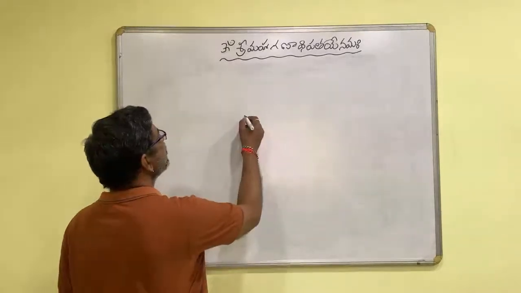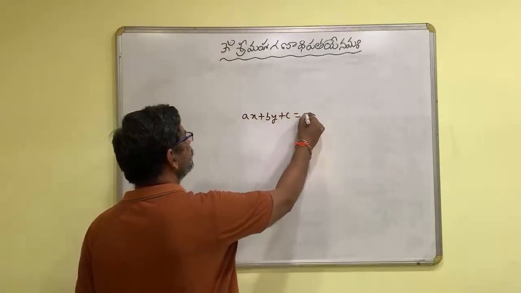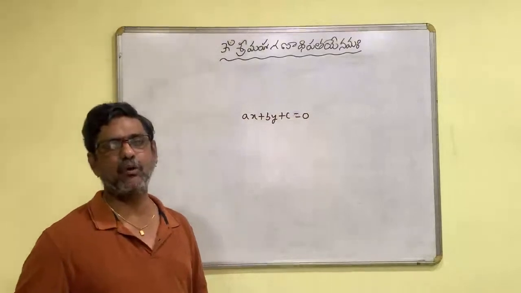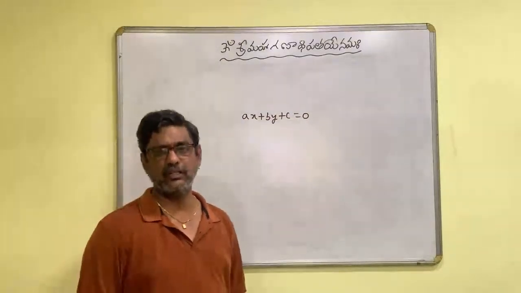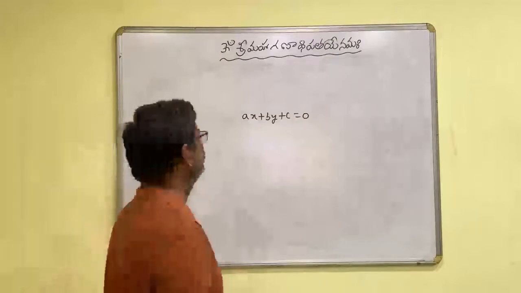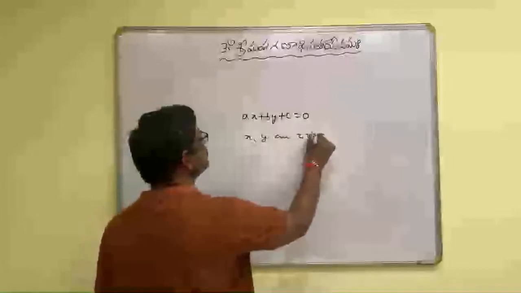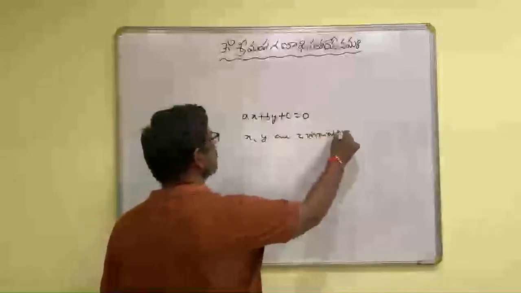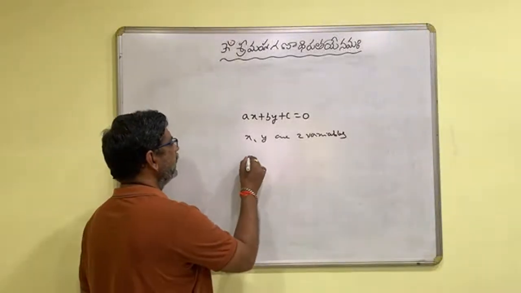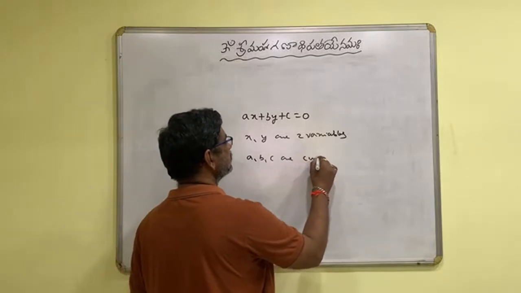See here. ax plus by plus c is equal to 0 is called the general form of a linear equation in two variables. Now here x, y are two variables, and a, b, c are constants.